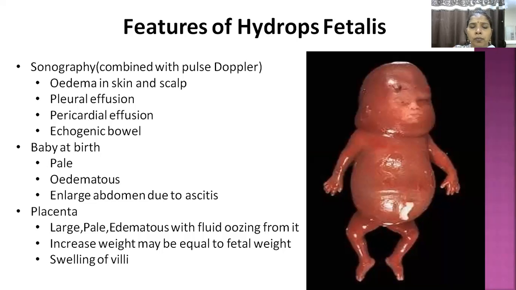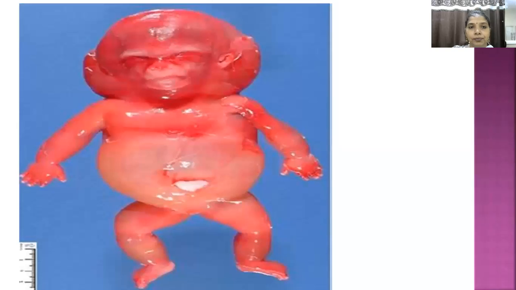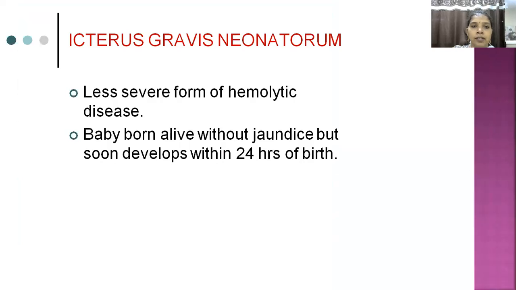Baby at birth looks pale, edematous, with enlarged abdomen due to ascites. Placenta is large, pale, edematous with fluid oozing from it. Increased weight may be equal to fetal weight. Swelling of villi due to accumulation of fluid. This is a picture of scalp edema and abdominal distension and swollen feet and hands.